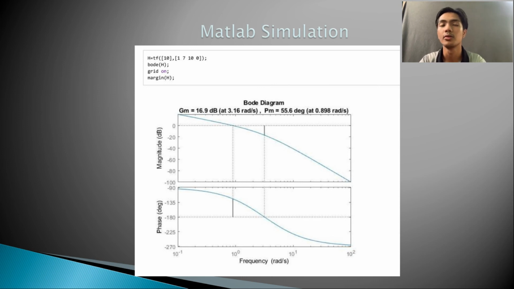By using the code above, we can obtain our Bode plot and our gain margin and phase margin. The gain margin from MATLAB is 16.9 decibels at 3.16 radians per second, while the phase margin is 55.6 degrees at 0.898 radians per second.